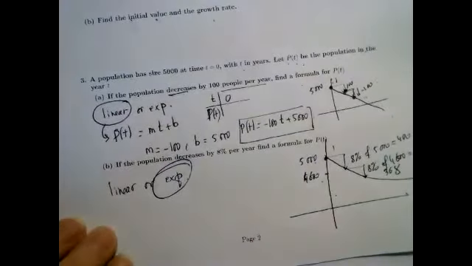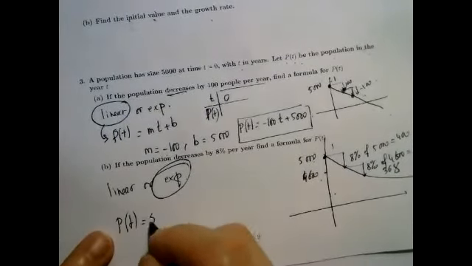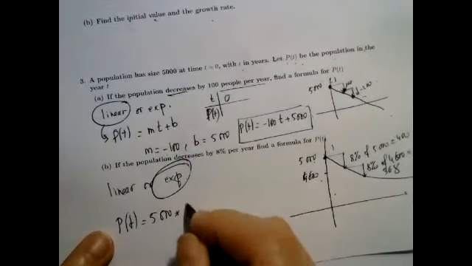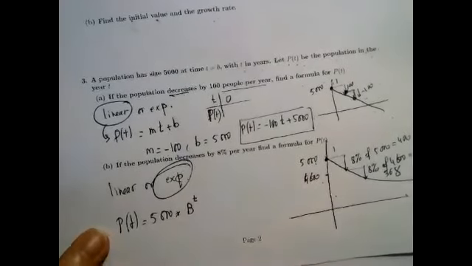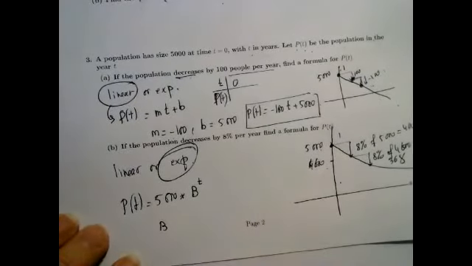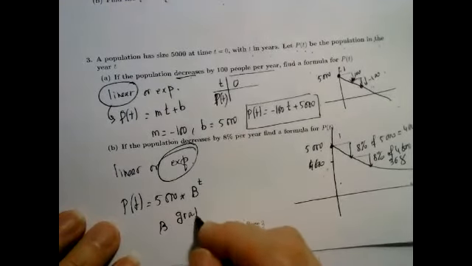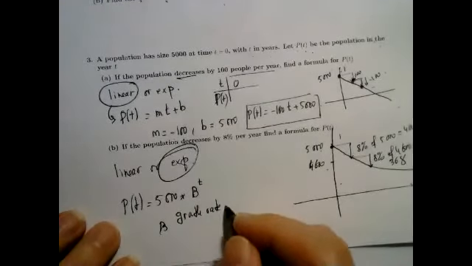And now what's the formula for it? What's the population? It's the initial amount times b to the power t. B is the growth factor. Now what's my b? To find the b, I need the growth rate. Here we have a negative growth.